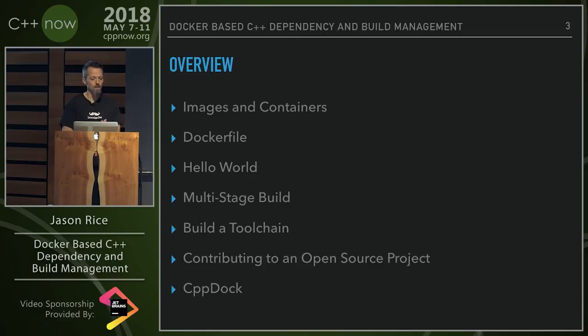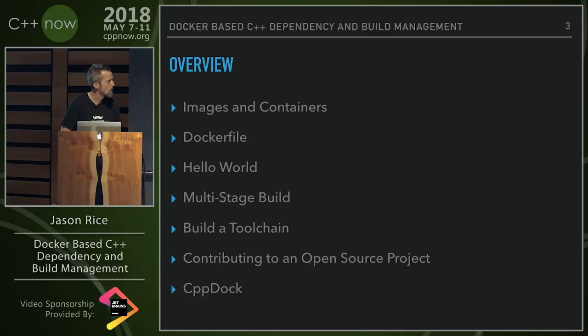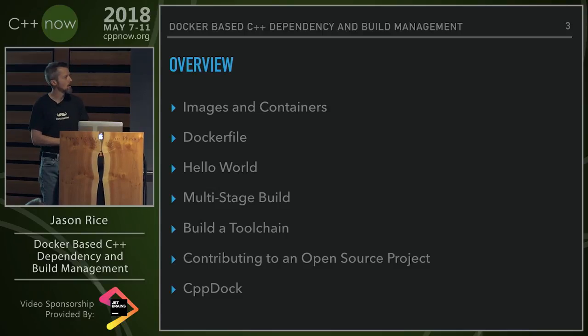All right, so in this talk, we'll be focusing on using Docker to set up a development environment to build targets in C++. We'll start out looking at Docker's images and containers, what's the difference and what do they do. Then we'll take a look at the Docker file, which is a DSL for making deterministic builds.